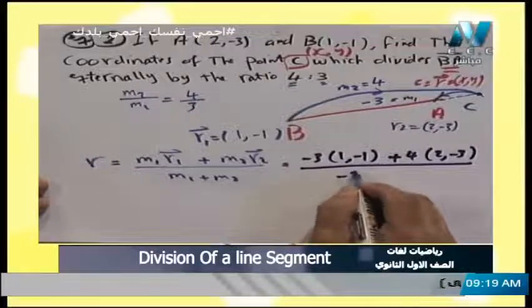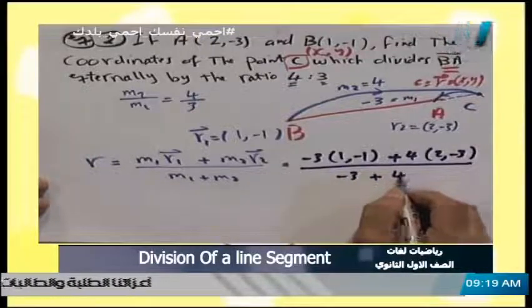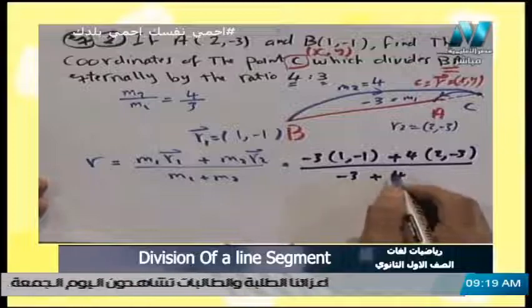M1 here negative 3 plus M2 equals 4. So the denominator is equal to 1.